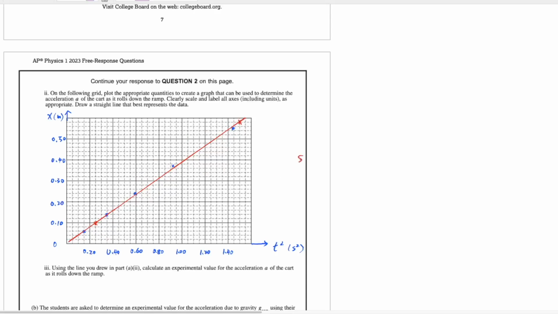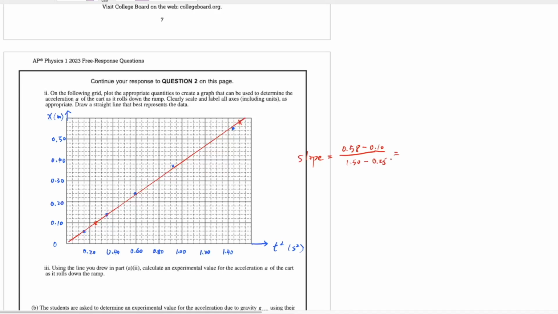So the slope is going to be the change of the x, which is 0.58 minus this one, 0.1. So the difference of t squared is 1.5 minus this, 0.25.